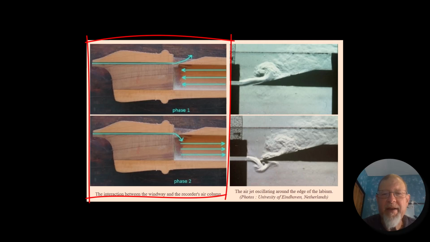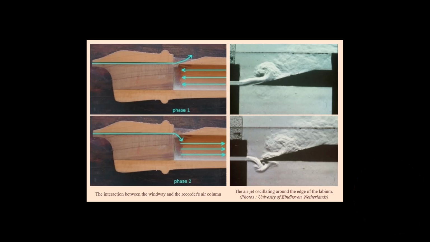What is actually really going on here? So I did have a play around and tried to get it straight in my own head and succeeded in doing that. So here is my explanation of what is going on in a recorder or recorder-like instrument.